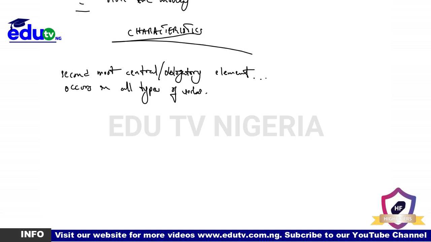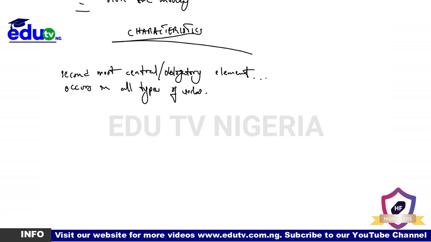But for the subject, none of those differences matter. Whether it is an action verb or a linking verb, the subject is always present. Whether it is a stative or a dynamic verb, the subject is always present. Whether the sentence is in present tense or past tense, the subject is present. So it occurs in all types of verbs.